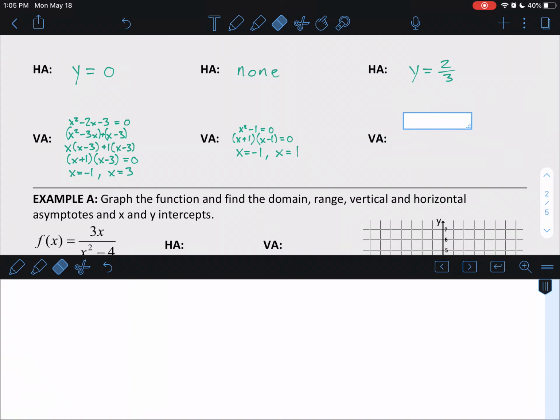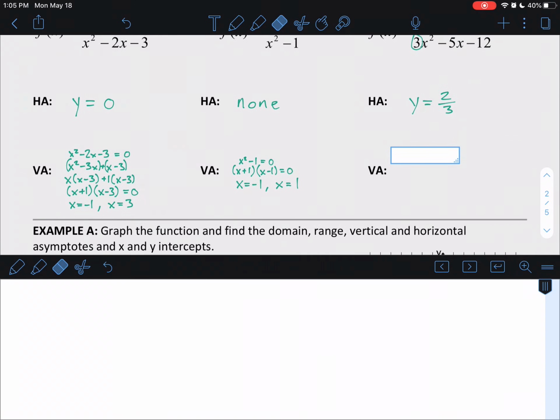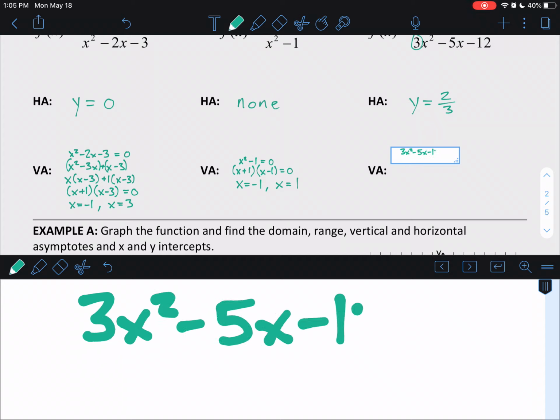Okay, so I am going to make this pretty small because it's going to take a bit to find those zeros. So I have 3x squared minus 5x minus 12.